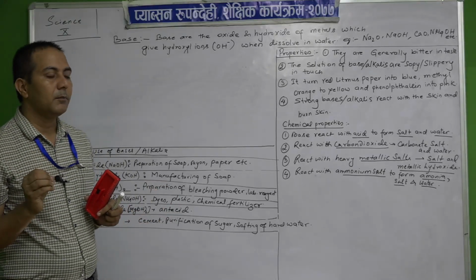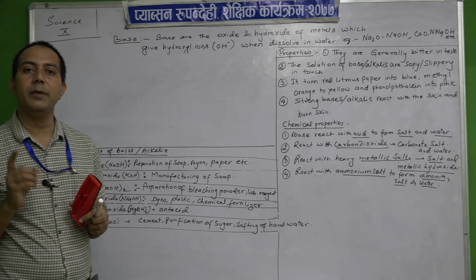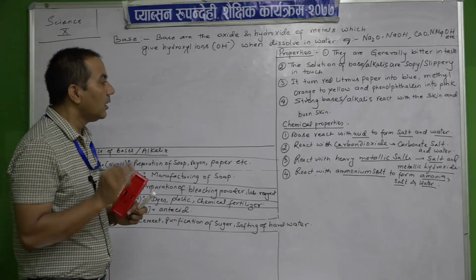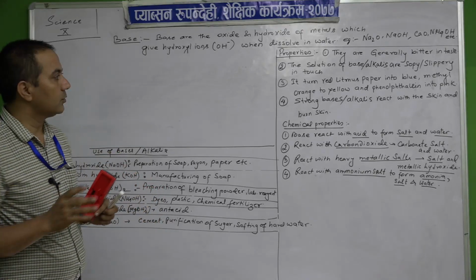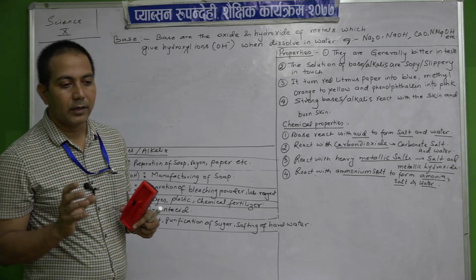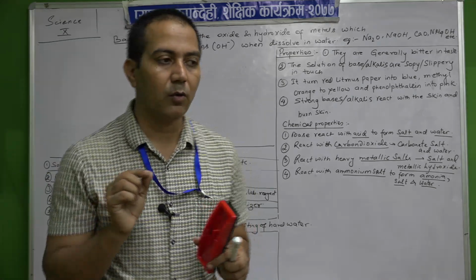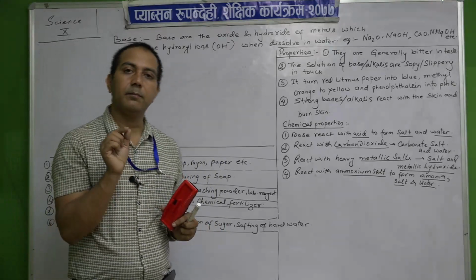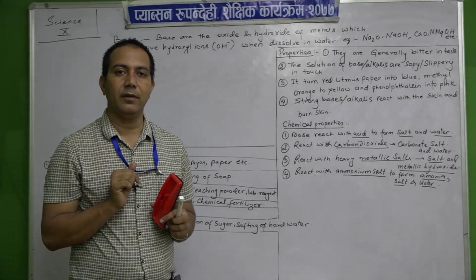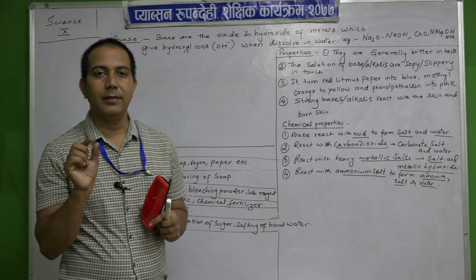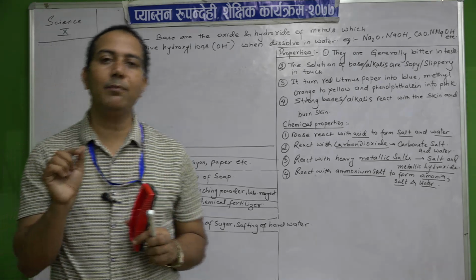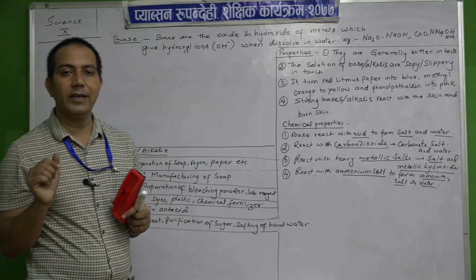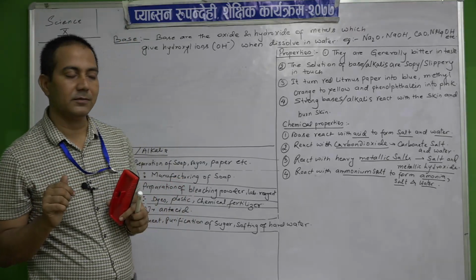Some acids are not sour in taste, which we should also remember. Another property is that when a base is dissolved in water, it is soapy or slippery to touch. So if we feel it slippery, then it may be a base.